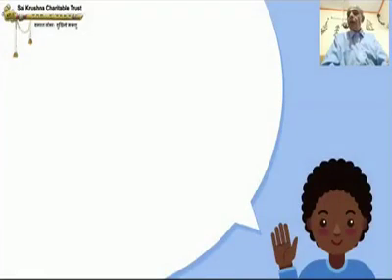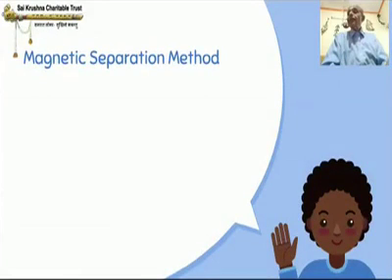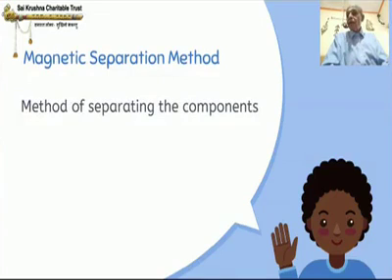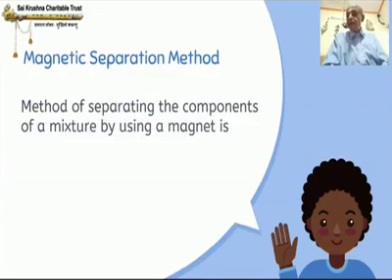Now, in our previous classes we have learnt about the separation of substances of mixtures by various methods, namely threshing, winnowing, hand picking, sieving, and so forth. So today we are proceeding further.